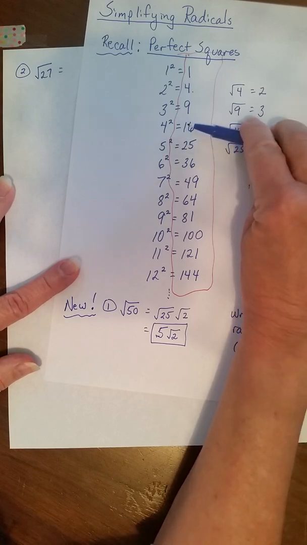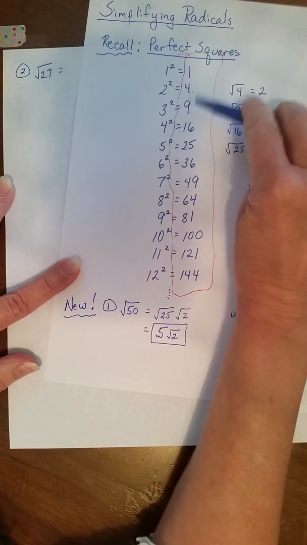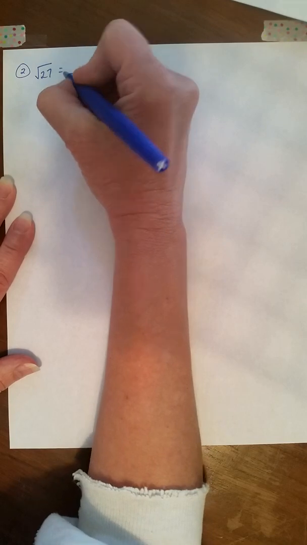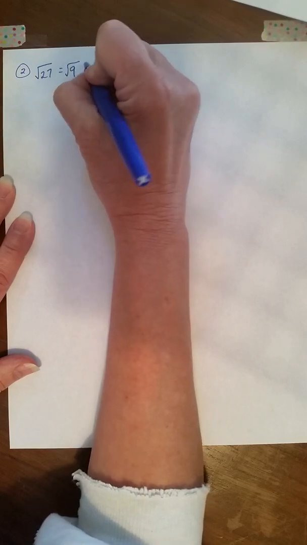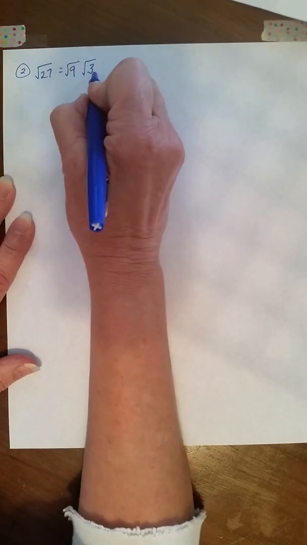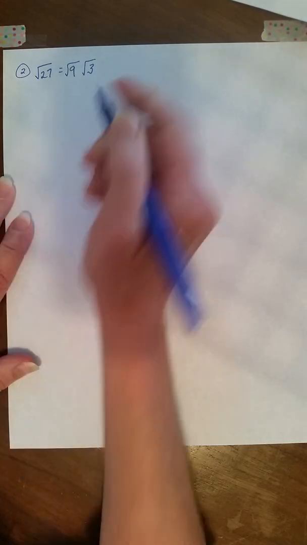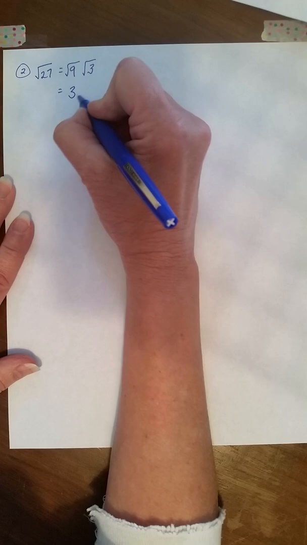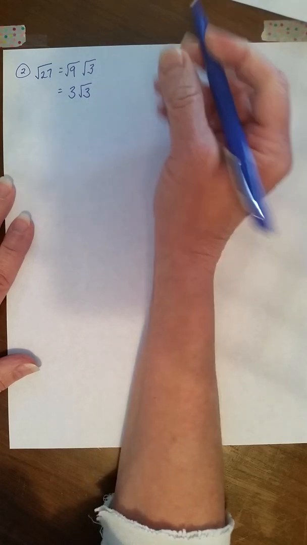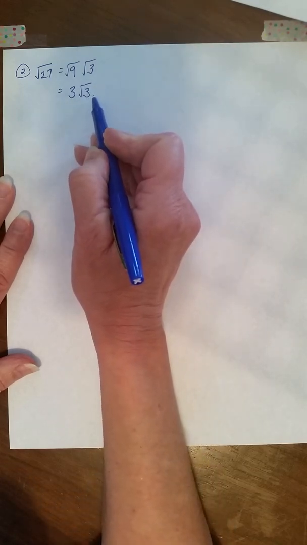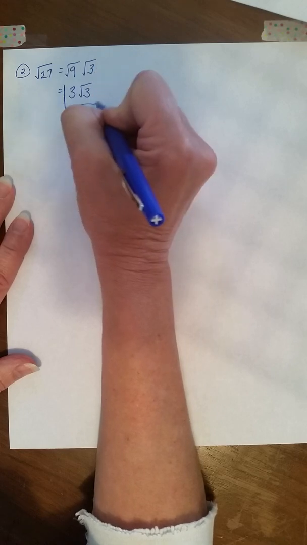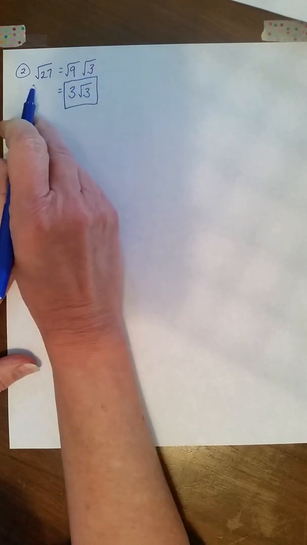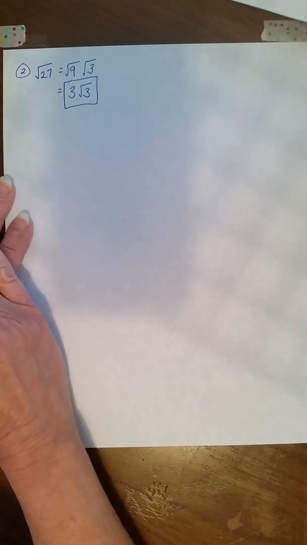It's not divisible by 16. It is divisible by 9. So I'm going to split up the square root of 27 as the square root of 9 and the square root of 3, because 9 times 3 is 27. Now, the square root of 9 is 3, and then I'm left with a root 3. Root 3 cannot be simplified, and so this is our final answer. The square root of 27 is 3 root 3.